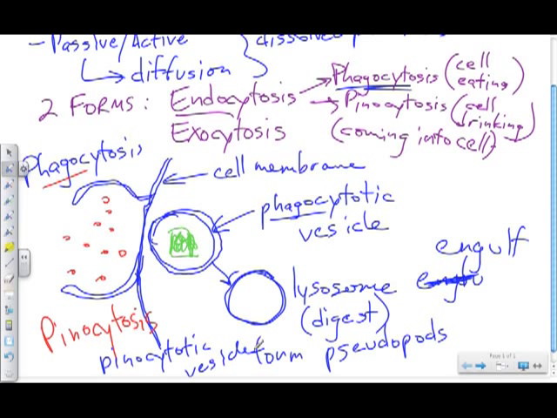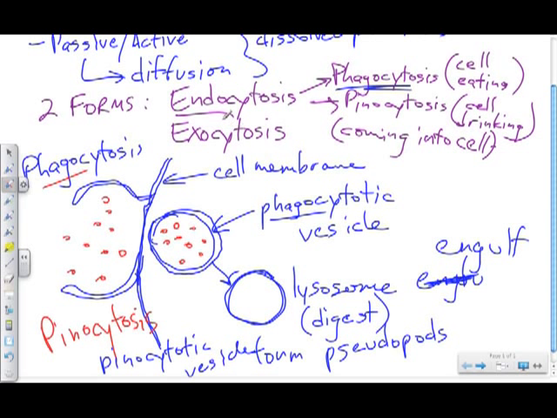This is a way of bringing in smaller particles, this cell drinking. And if we erase this particle here to represent what's really in here, we have all these tiny particles that again will make their way to the various parts of the cell.